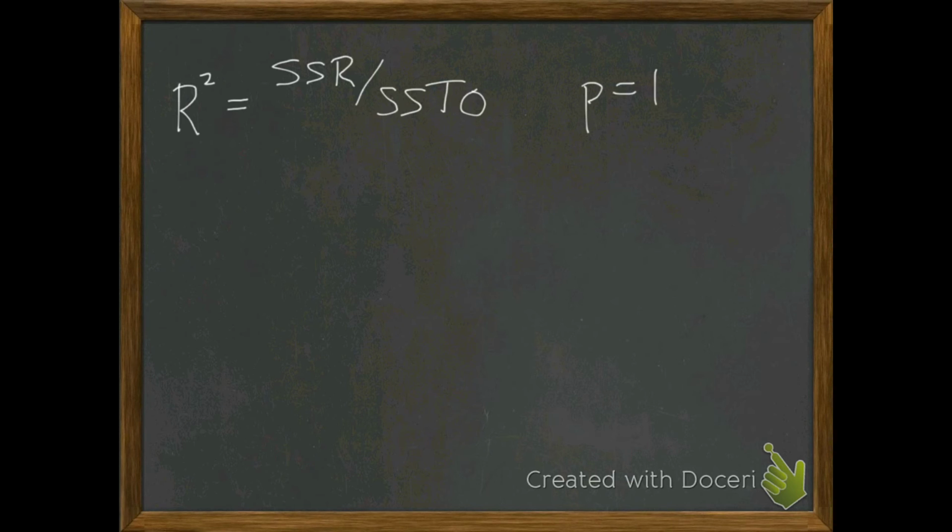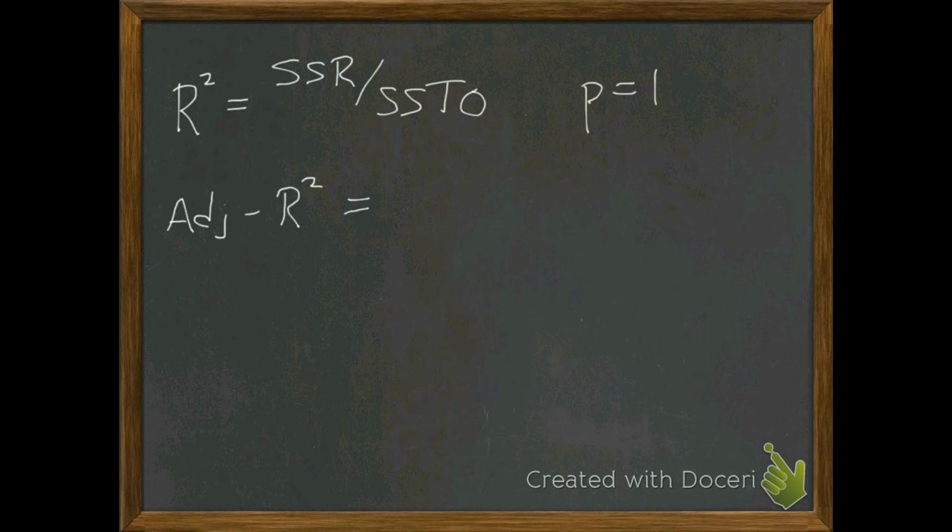But what you can show is this tends to overestimate the variance that's explained by our set of predictors. So you'll often see what's called an adjusted R squared, which is much more relied on than R squared when we have more than one predictor.